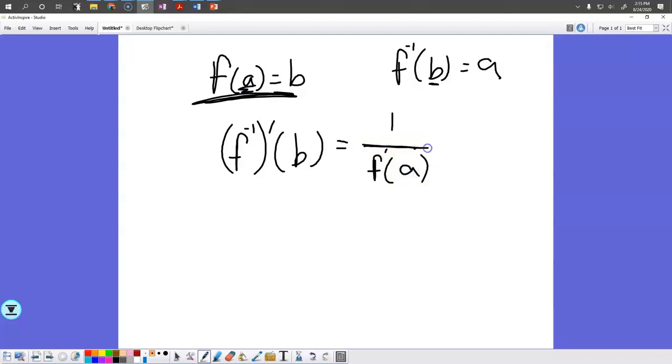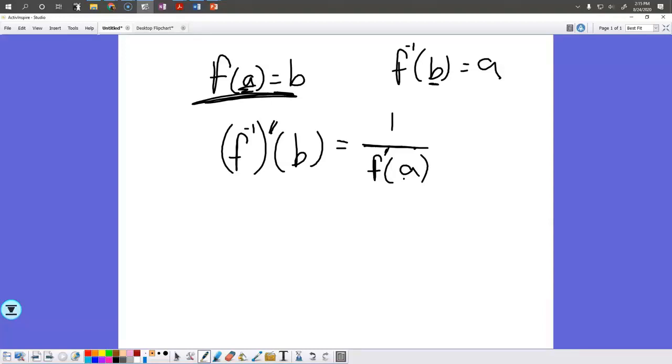So I put 1 over f prime of a because it's a reciprocal, and it's a instead of b because remember they happen at different values, but the primes mean their slopes. So the slope of the inverse at b is the reciprocal of the original one at a, right?